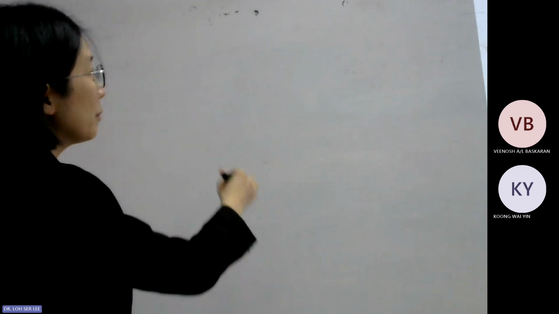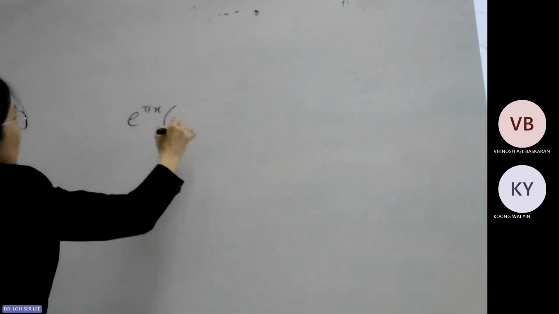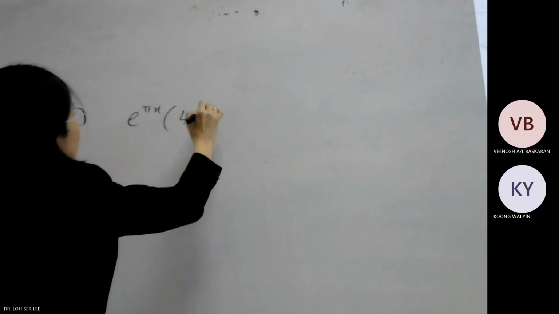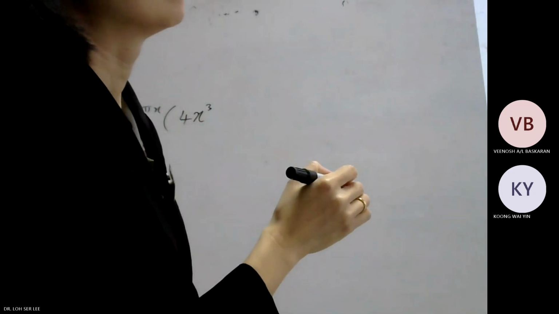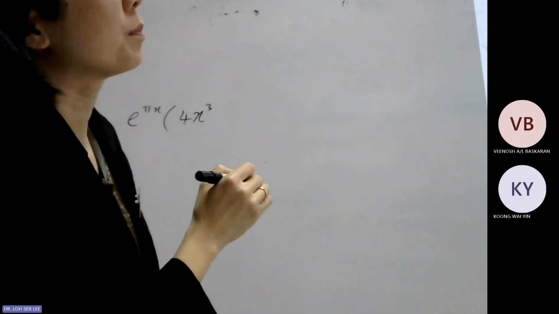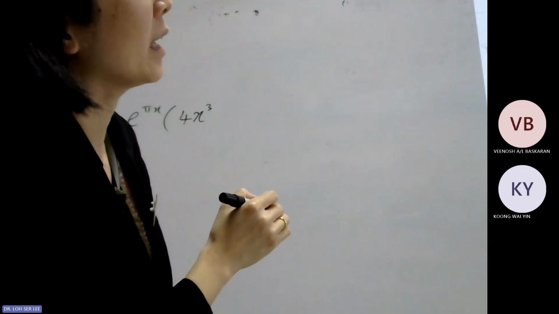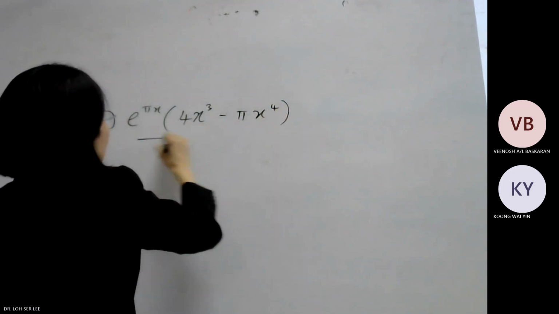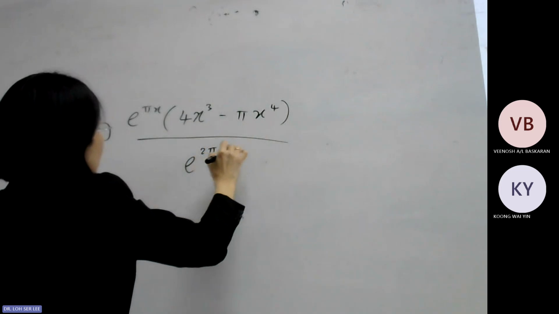We factorize the e^(πx). So we have 4x cubed minus πx to the power of 4, over e to the 2πx.